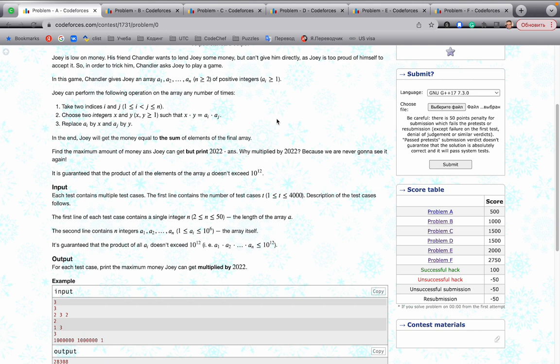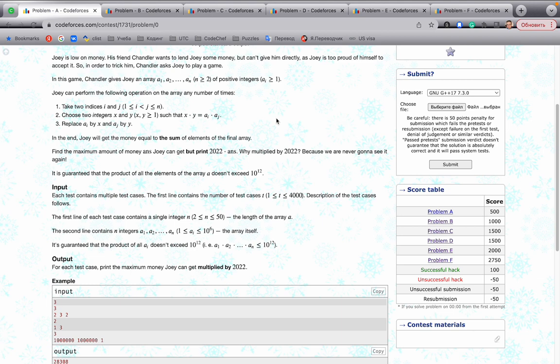And in such type of problems, it's usually the best thing to either try to make all of the numbers as close to each other as possible or as far away from each other as possible.